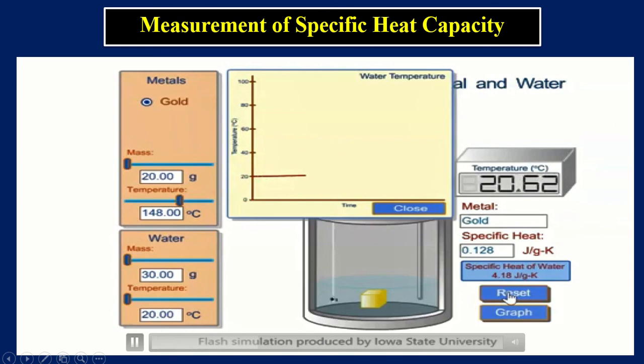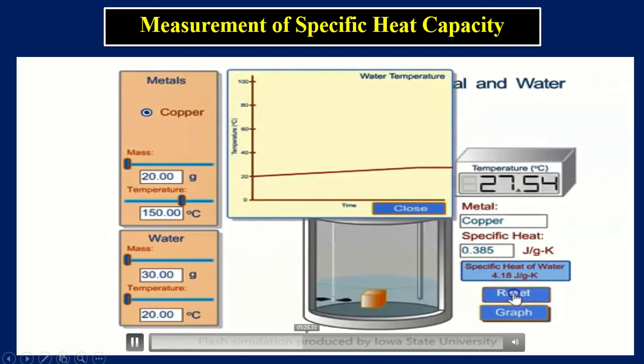By putting it inside the calorimeter, we found that as time increases, the temperature remains constant until it reaches the maximum value.